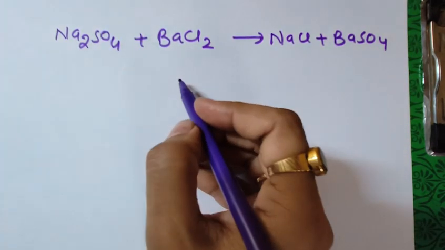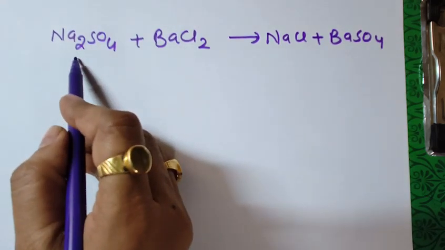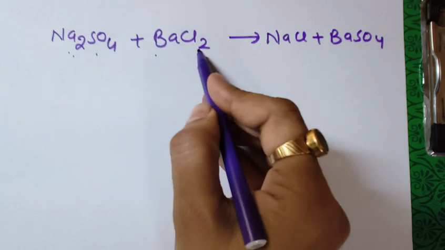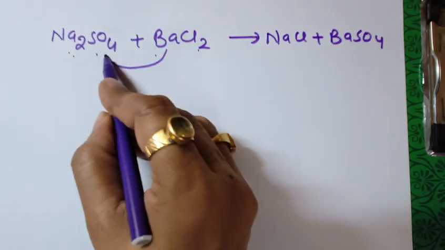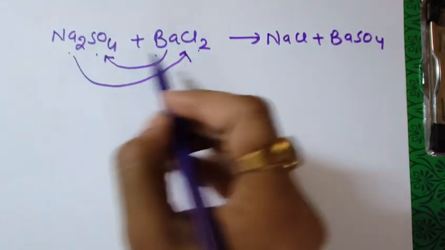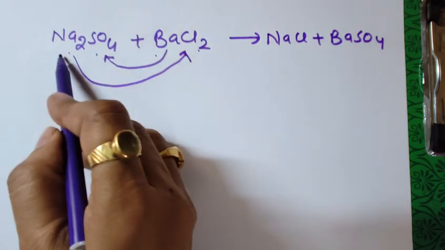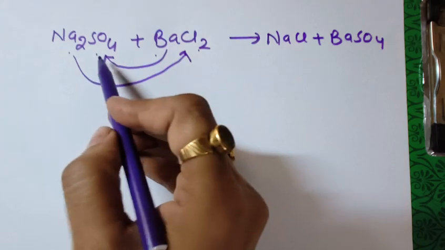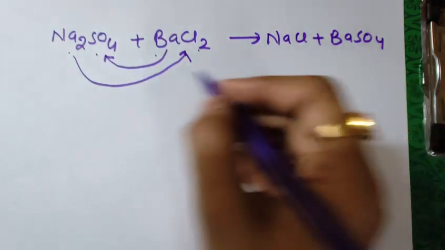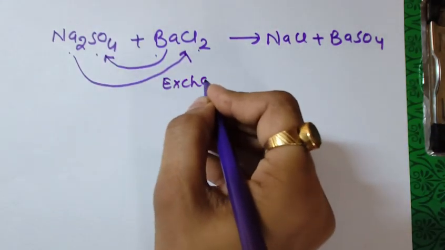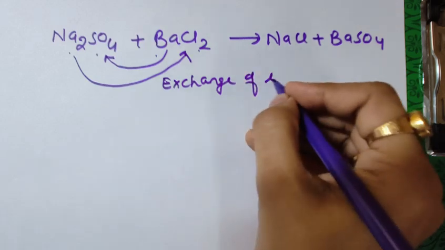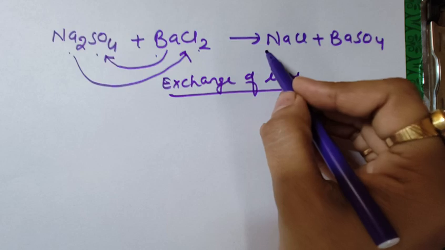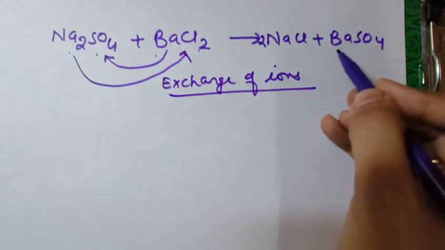Now in this reaction, you can see the reactant species are sodium sulfate and barium chloride. Earlier the sodium was with sulfate and barium with chloride. Now sodium is exchanging its position. Sodium is moving with chloride and barium is moving with sulfate. So exchange of ions is taking place and new compounds are formed: sodium chloride and barium sulfate.